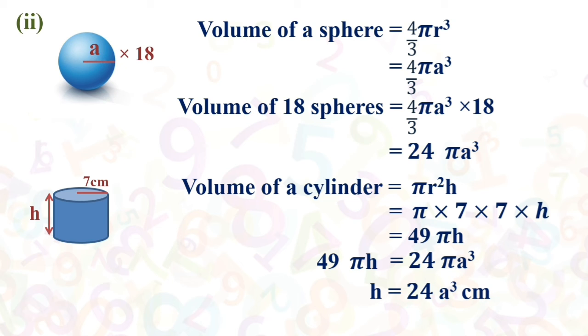Then when you make h the subject, 49 π goes to the right side, then it will be a division. π and π cancel, then 24 over 49 a cubed is the answer. So if you were able to do this question without looking at these answers, that means you could have done the 2008 O-level second part paper.